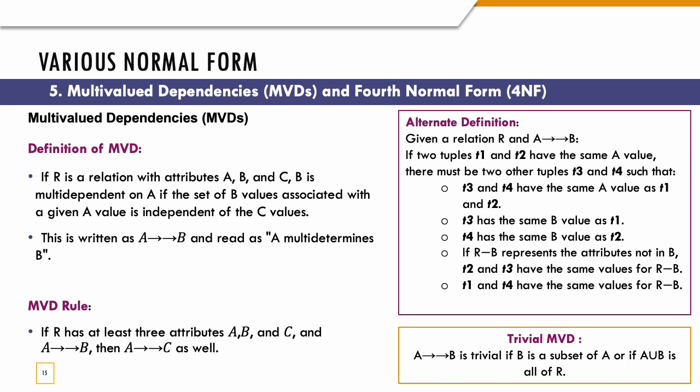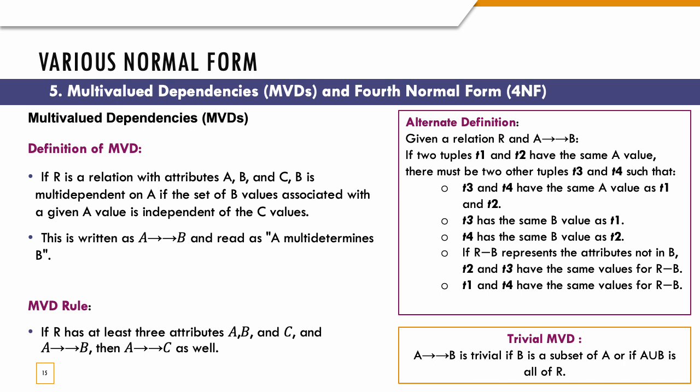Multi-value dependency, or MVD, represents a type of dependency in the database where two sets of attributes are related but independent of each other with respect to a third attribute. This can help us structure data in a way that avoids unnecessary duplication and anomalies in databases.